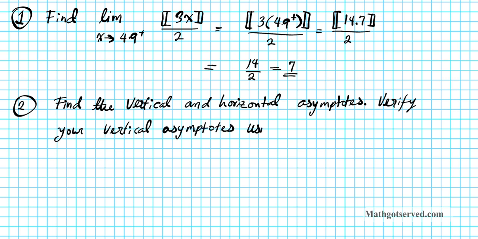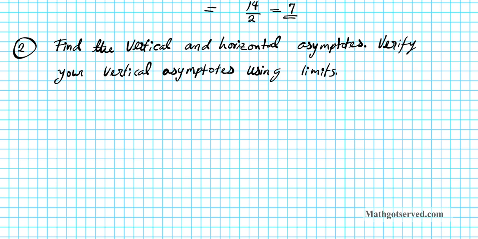The function under consideration is f of x equals the square root of 8x to the 6th minus 4x to the 4th, and that entire expression divided by x to the 3rd minus 2x.